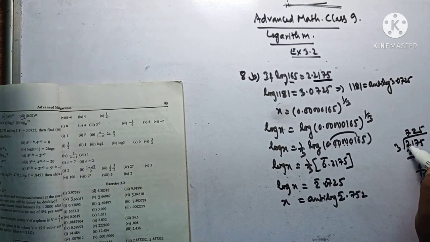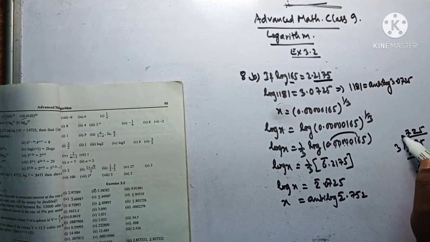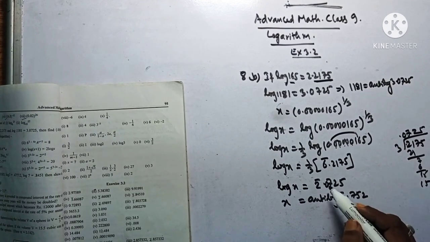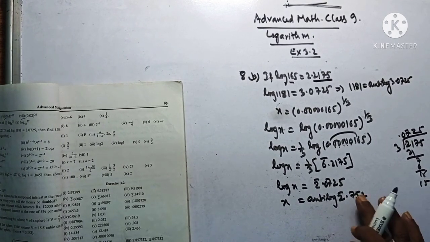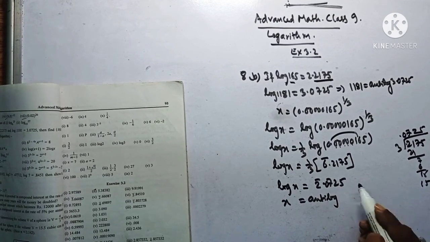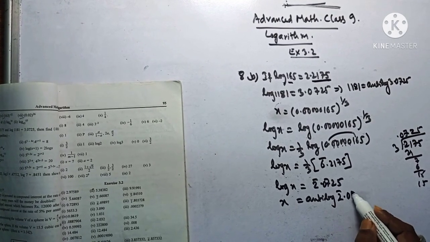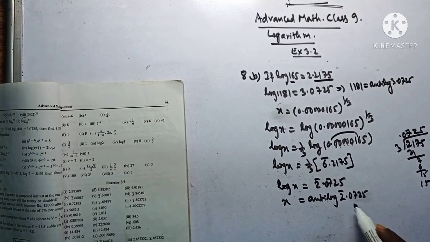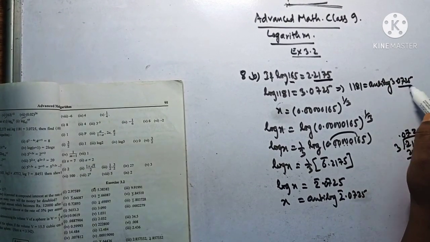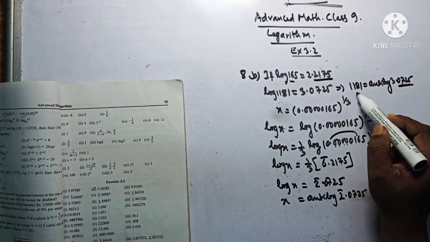When you divide, this is decimal, so here you see 2 bar 0.0725.